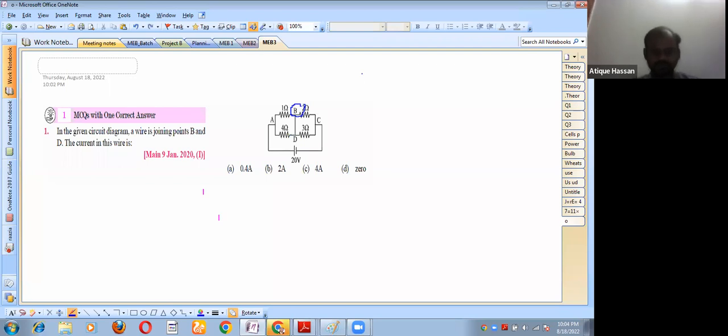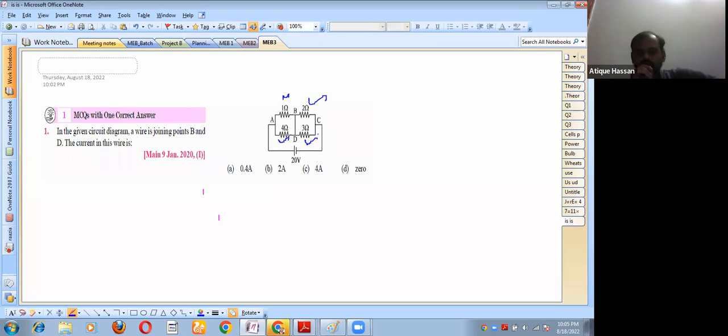Okay, so what we have to do? When you join between B and D, this resistor and this resistor will become parallel, and this resistor and this resistor will become parallel, right?